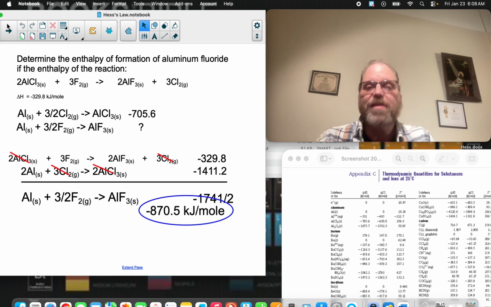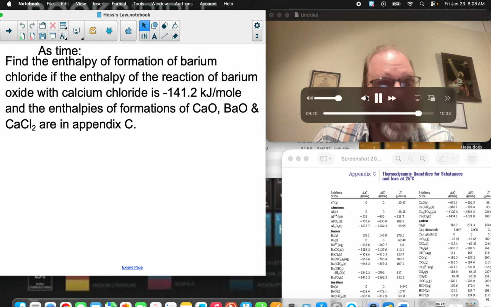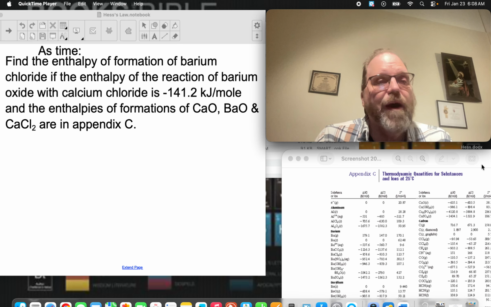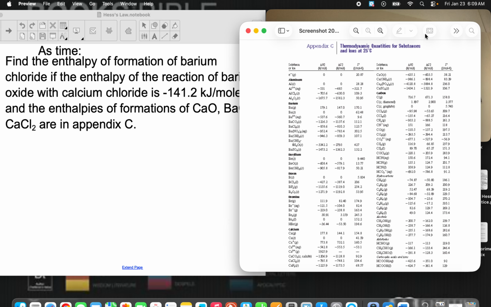All right. Take and do one on your own here. I'm just going to show you the answer. So find the enthalpy of formation. Okay, so look at Appendix C here. I'm going to pull it up, pause it, use it for the values.